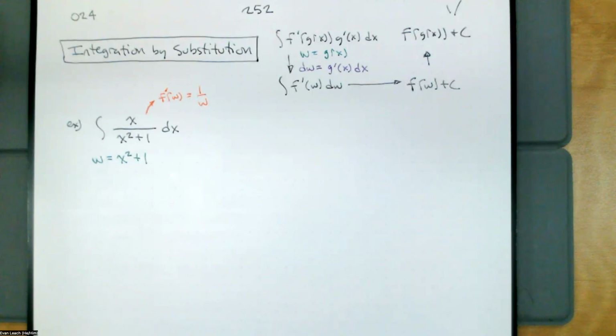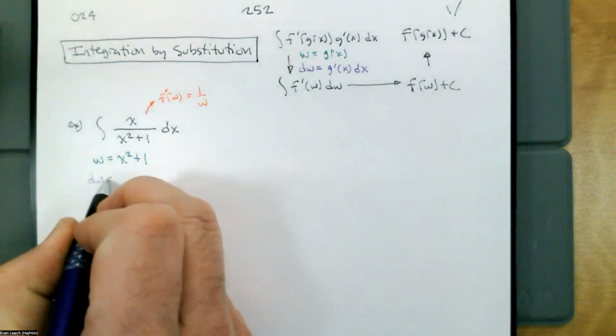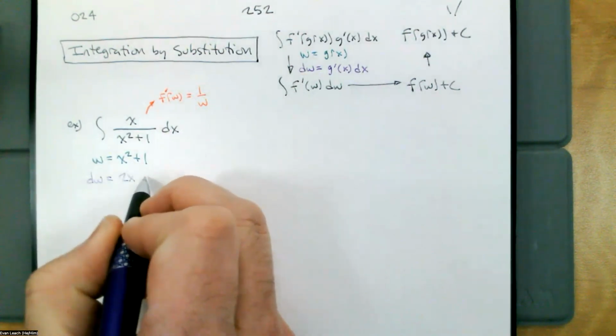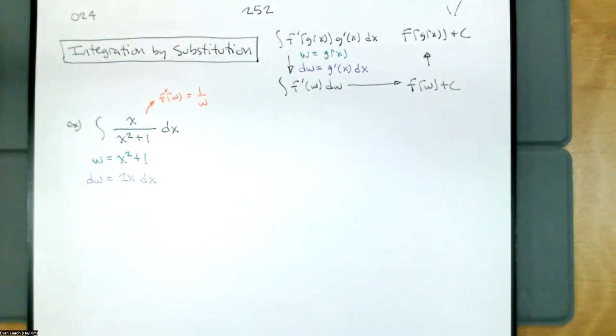Then we have to look at that x up in the numerator and say that is what's supposed to be my dw. If w is x squared plus 1, then dw is 2x times dx. Just take the derivative of what you want the inside to be. w is x squared plus 1, which means dw is going to be 2x dx.